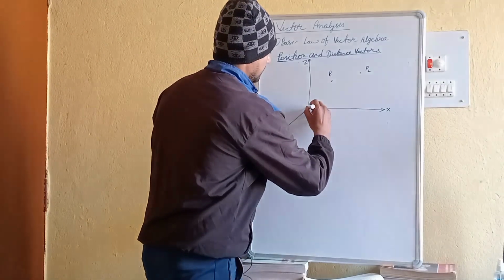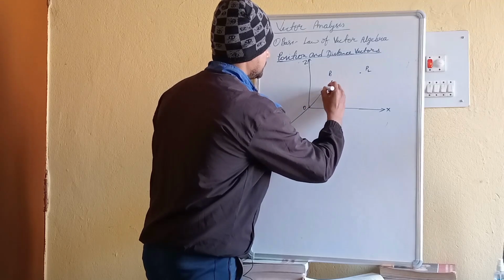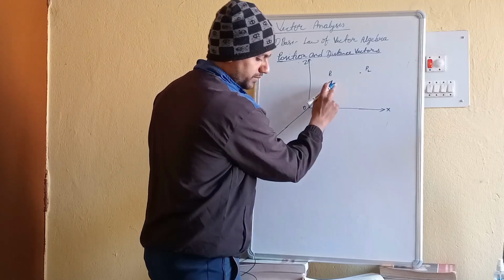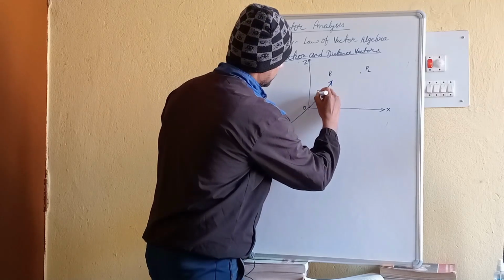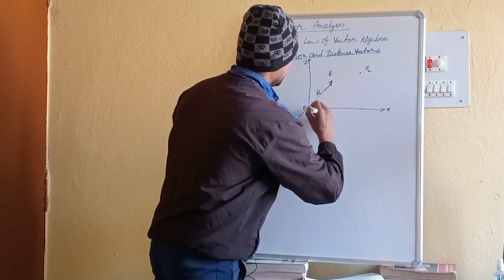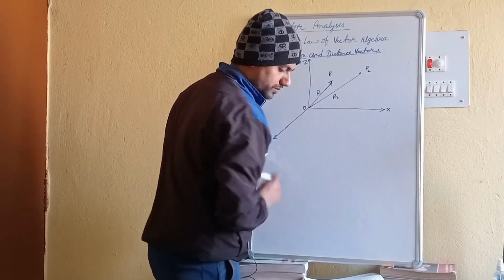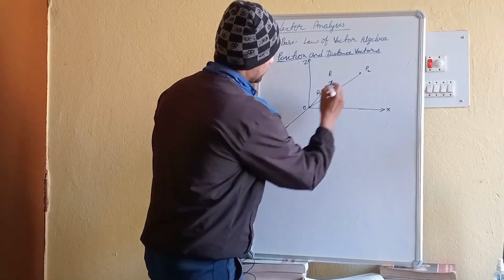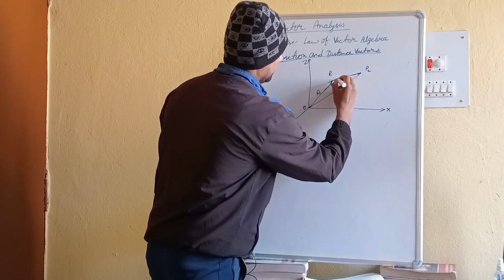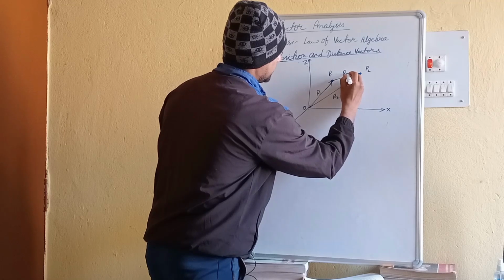Now this point is the origin, and the vector joining the origin to point P1 is nothing but R1. I'm giving it the name R1, and then the second one joins the origin to the second point, so that is R2, and the third one joins P1 and P2. I will explain, no need to worry about the different things I'm writing.